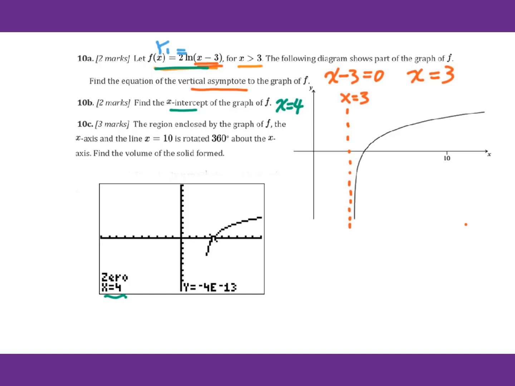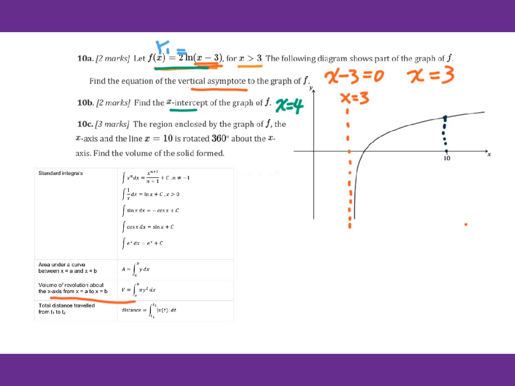For 10c, the region enclosed by the graph of f, the x-axis and x equals 10 is rotated 360 degrees above the x-axis. Find the volume of the solid formed.